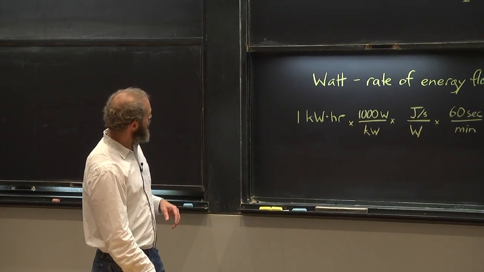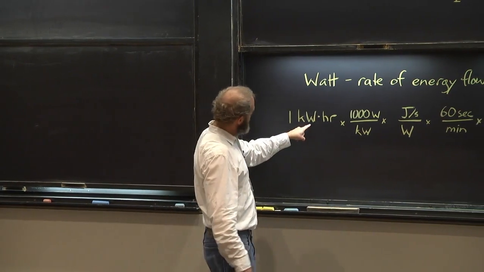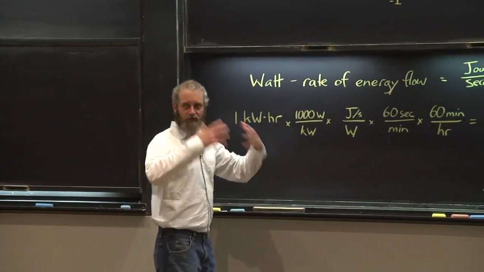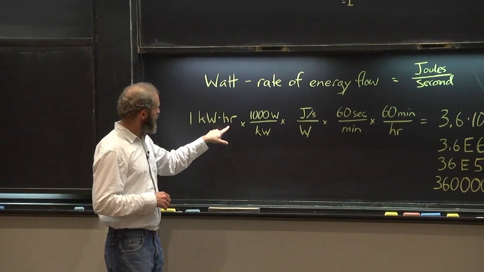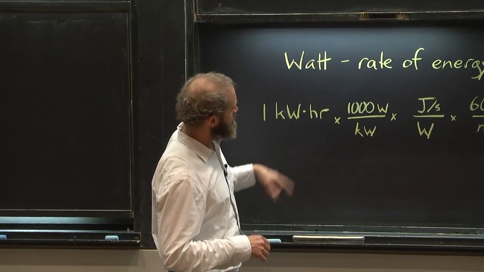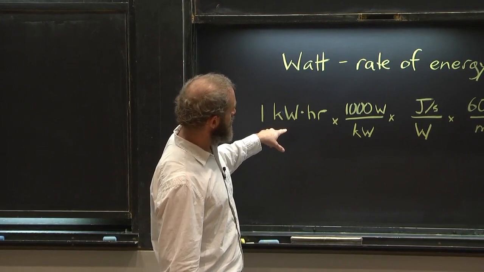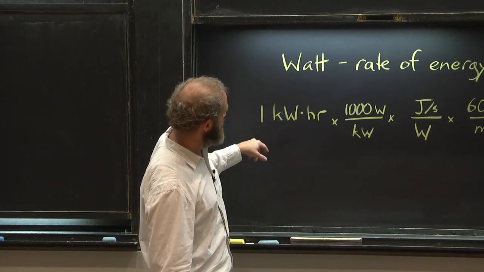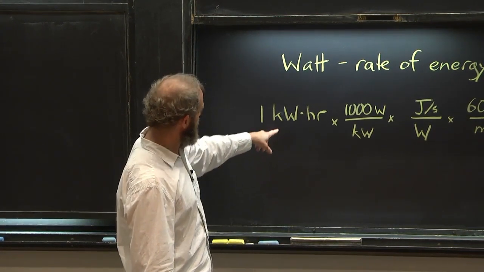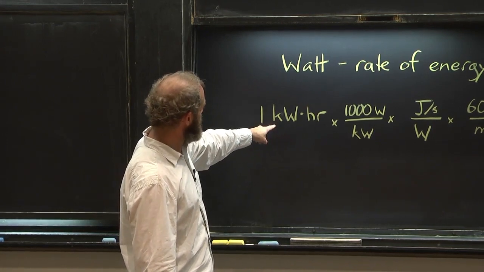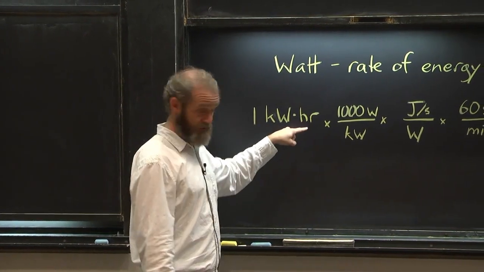So a kilowatt hour means that we have 1,000 watts of power flowing for a period of 1 hour. But we can simplify this considerably because there are time units in here twice. I'll show you what I mean. So we can simplify this down actually just to joules.